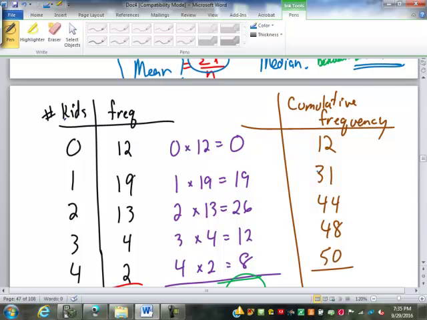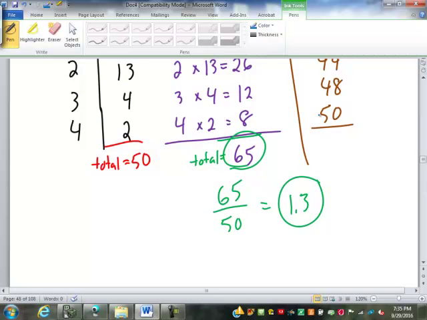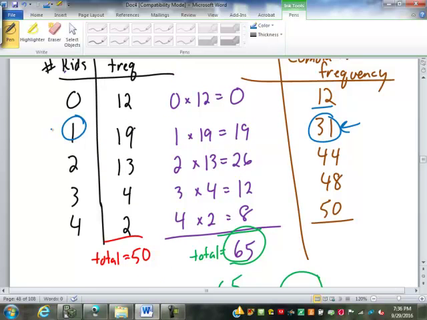So the 25th and 26th fall between 12 and 31, don't they? So if I were to list these out, 12 zeros, however many ones, and so on, the 25th and 26th numbers would both be 1s. So the median is 1.